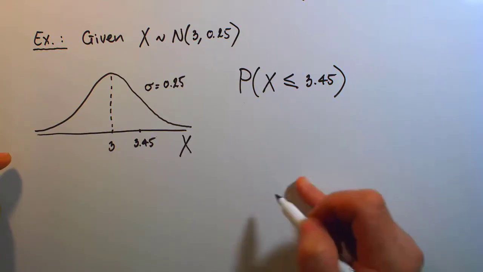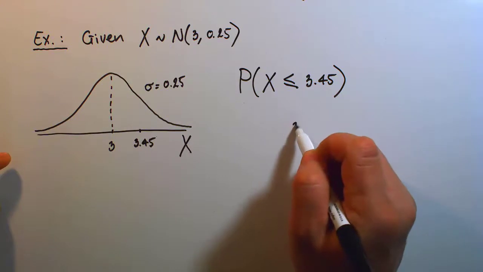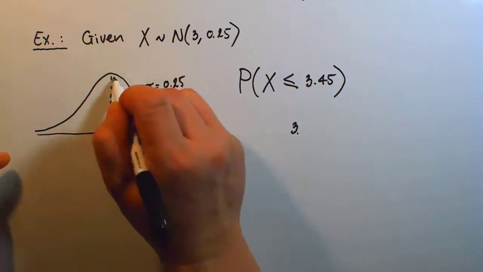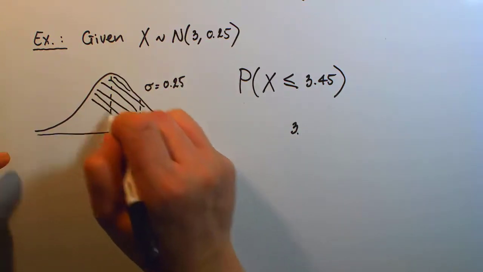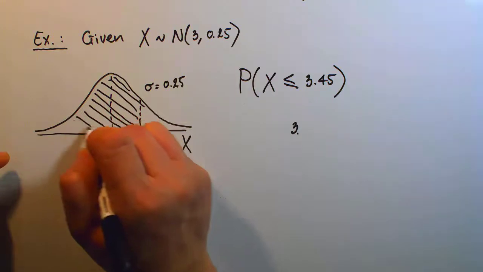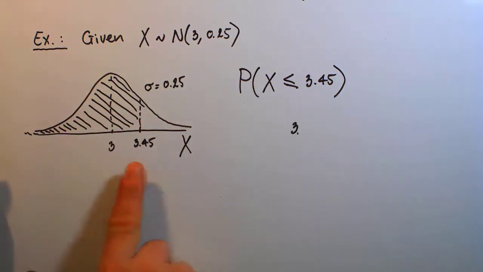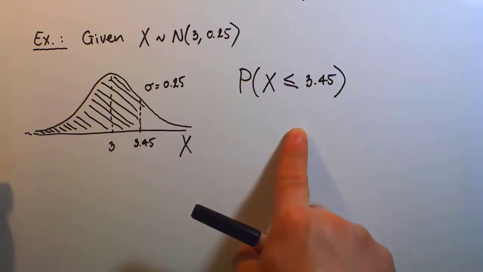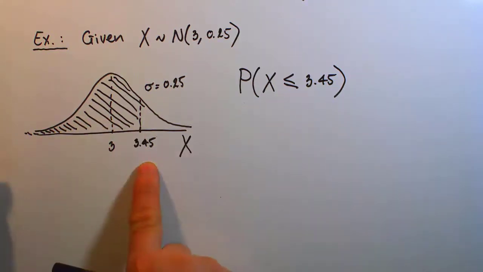The first thing I'm going to be doing is, from where my value is, here's the shading on the bell curve that represents the area for values less than or equal to 3.45. And so once again, this symbolic statement translates into an area to the left of 3.45.